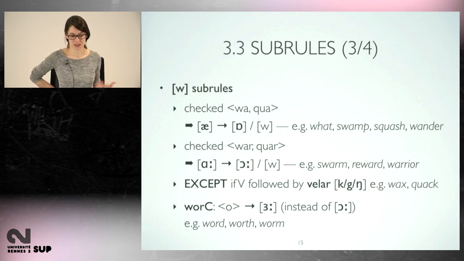So this is not as easy to understand as the previous rules, but it's quite intuitive because you usually know that you say word, worth, and worm, and not warm, worth, and ward. So word, worth, and worm.